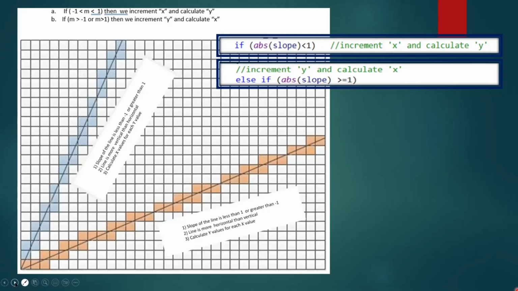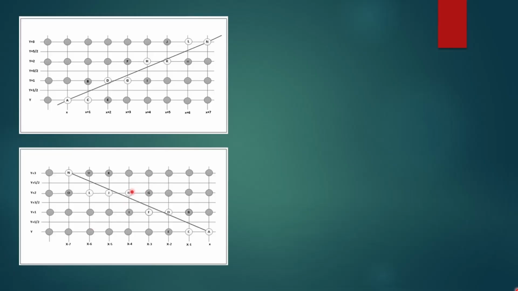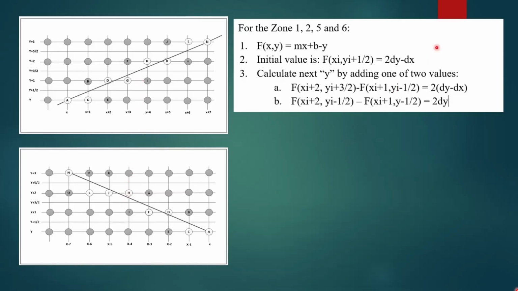Another thing that we have to consider is the value of the slope, if the slope is positive or if the slope is negative. If the slope is positive, we're going to do the following. The initial value is going to be equal to 2dy minus dx.